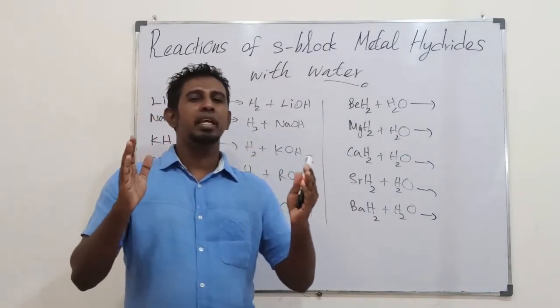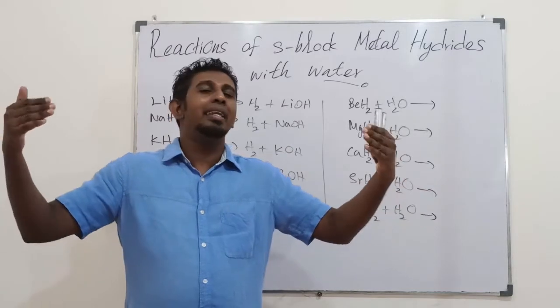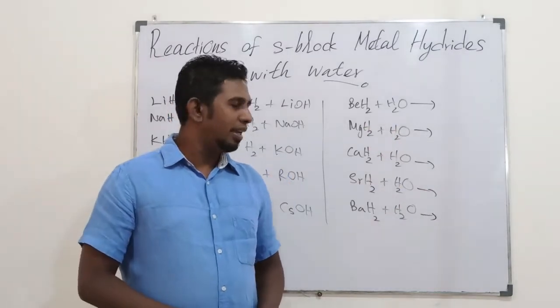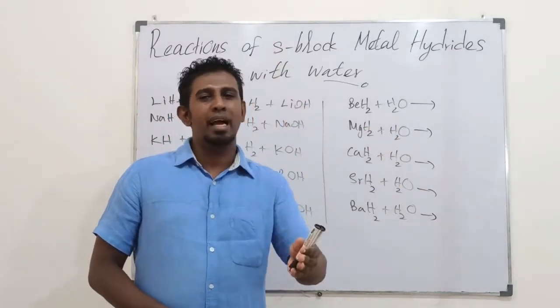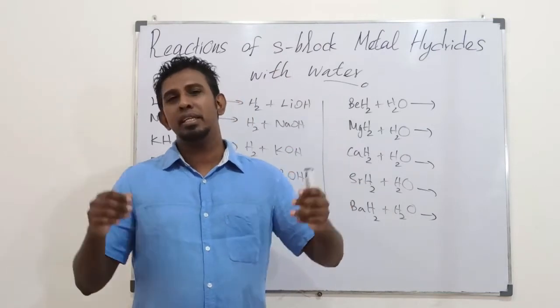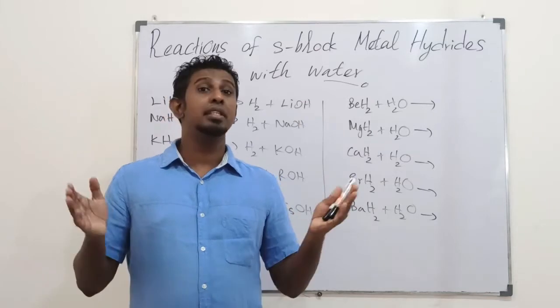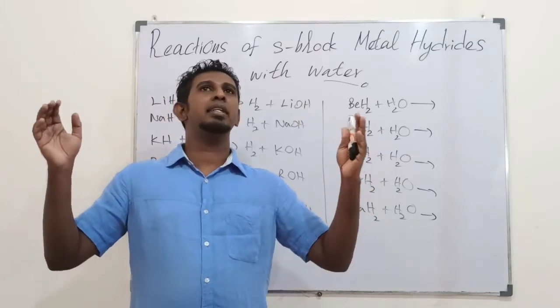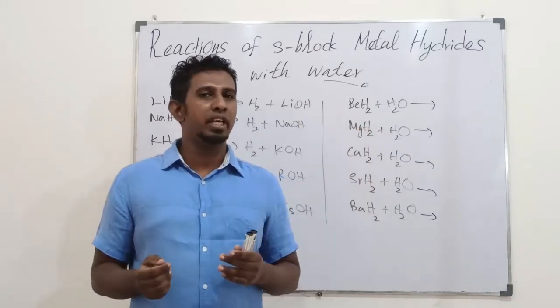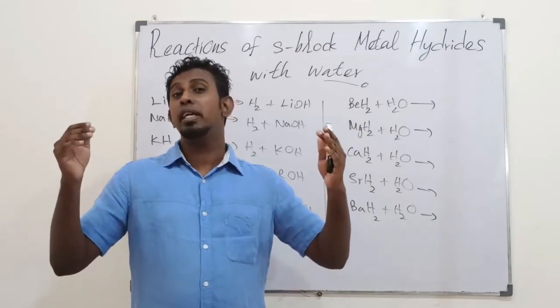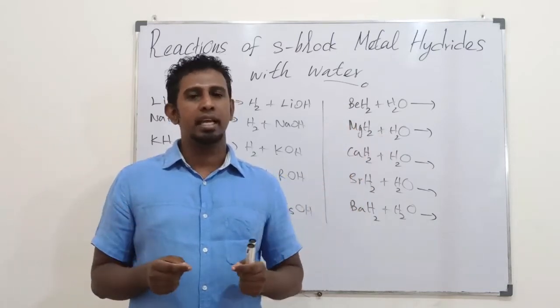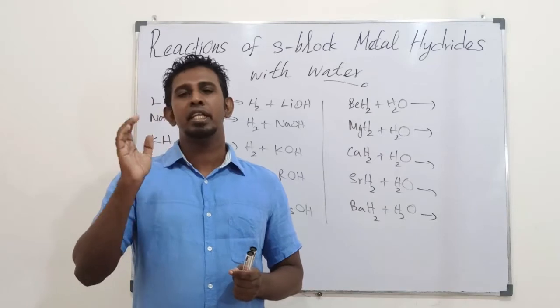Then you need to take a look at their ionic and covalent character. Down the second group their ionic character will increase. The first member, beryllium, is quite covalent, because it has the greatest electronegativity. Out of all the S-block elements, beryllium has the greatest electronegativity.